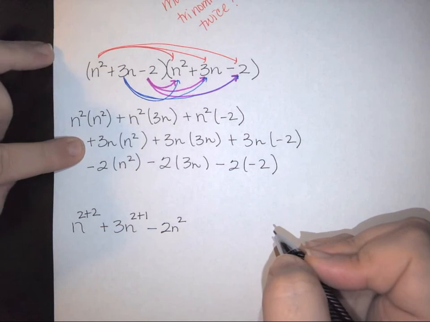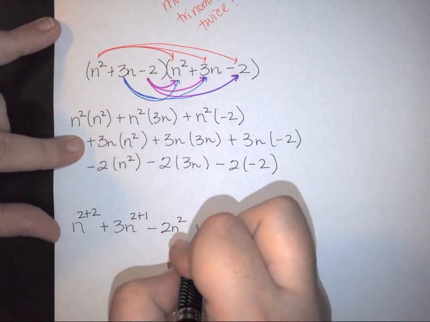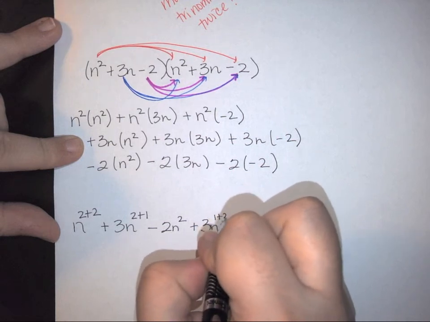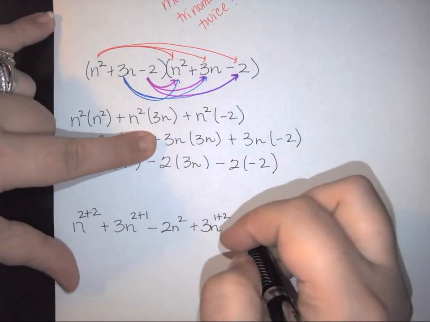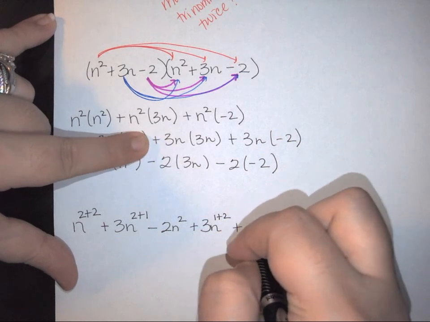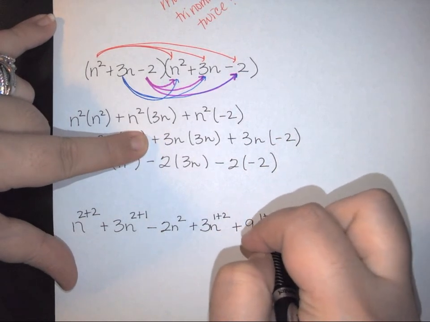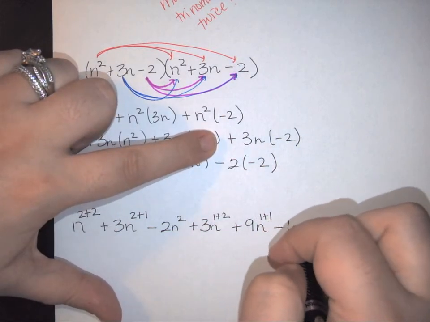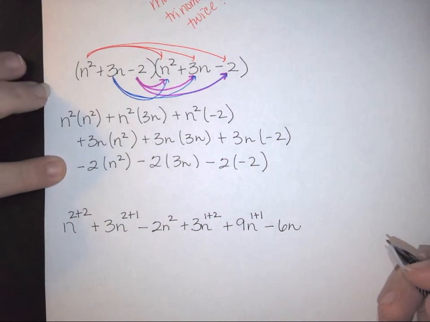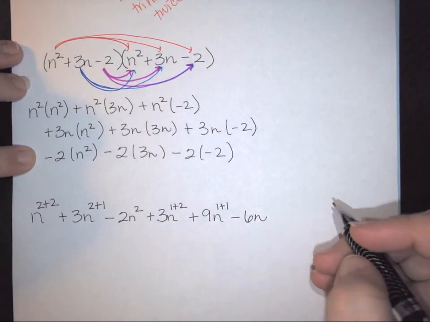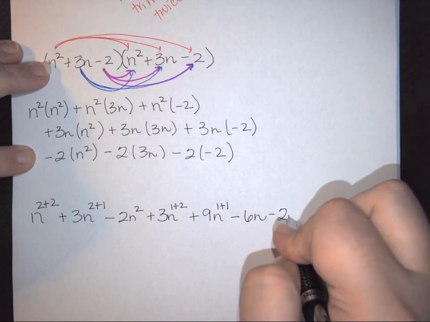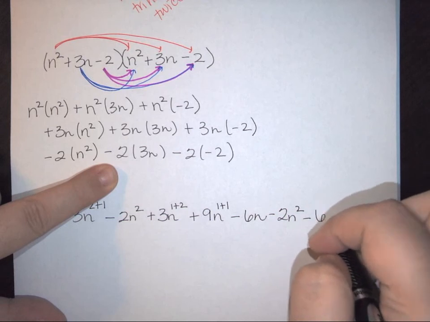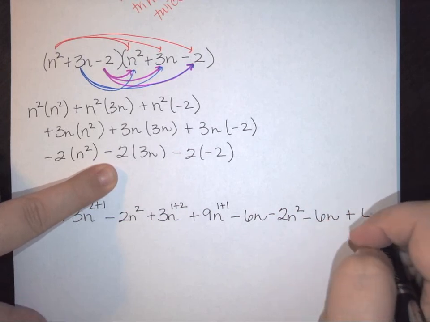Come to the next one. 3n and n squared gives me a plus 3n to the 1 plus 2. 3n and 3n gives me a plus 9n to the 1 plus 1. And then 3n and negative 2 is a negative 6n. Last but not least, I have negative 2n squared, a negative 6n and a positive 4.